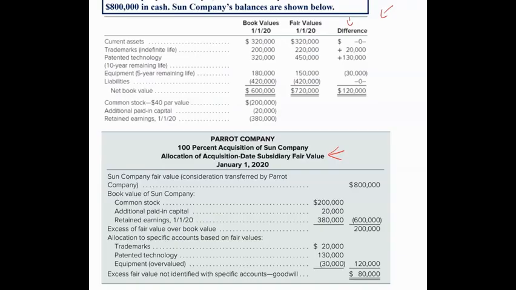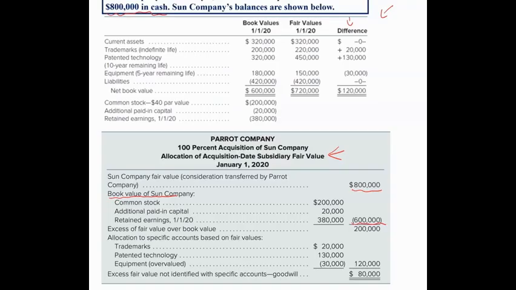The total consideration transferred by the parent company is 800,000. This is the total cash paid. The next column is the book value of the subsidiary they acquired. The total is 600,000. There are two ways to calculate the book value of a subsidiary.